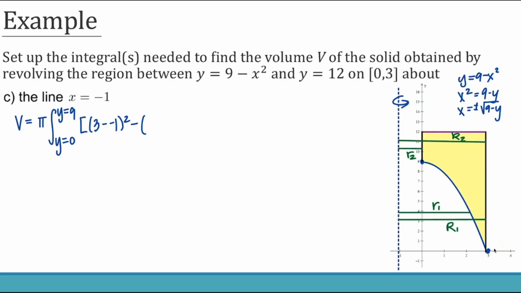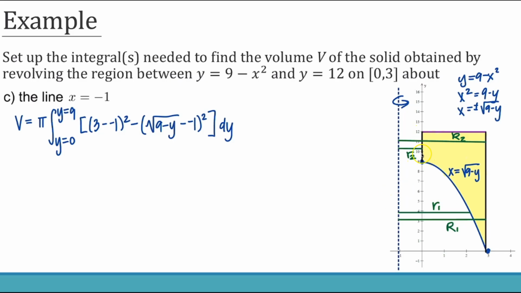So this equation is positive radical 9 minus y. And so that's what I want to use when I do right minus left. So it's going to be radical 9 minus y, minus -1, squared dy. Okay, so I have done the volume rotating between 0 and 9 around this line.